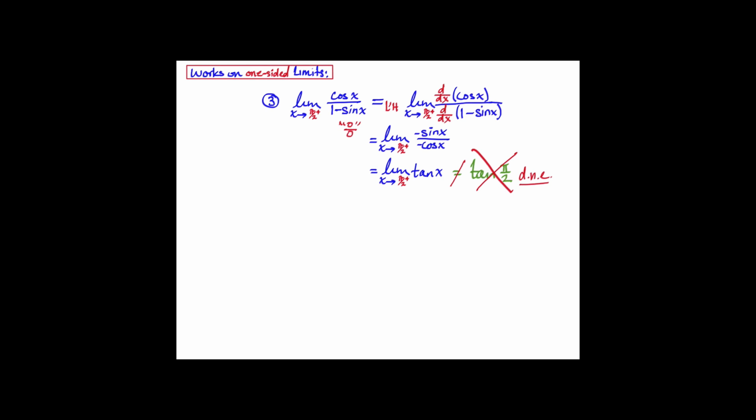Let's take a look at the graph of the tangent of x to figure out what this limit has to be. Remember, the graph has a bunch of vertical asymptotes. There's the vertical asymptote at x equals negative pi over 2, one at x equals positive pi over 2, and the third one that I drew was at x equals 3 pi over 2. Those are vertical asymptotes.